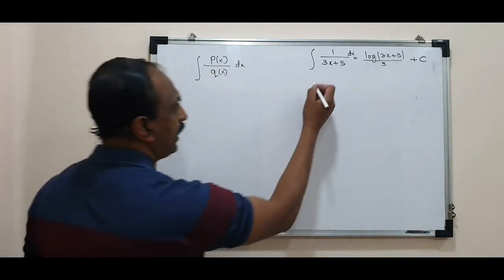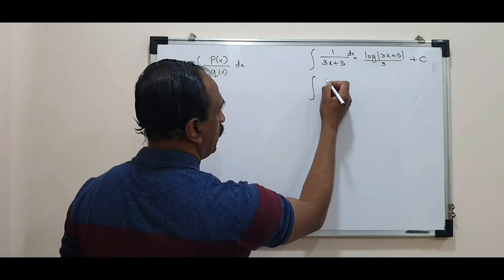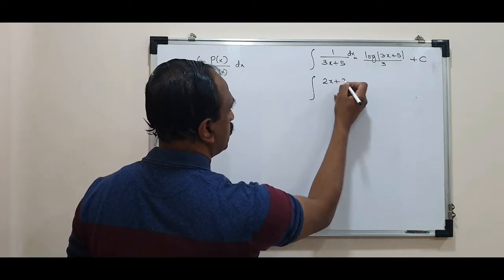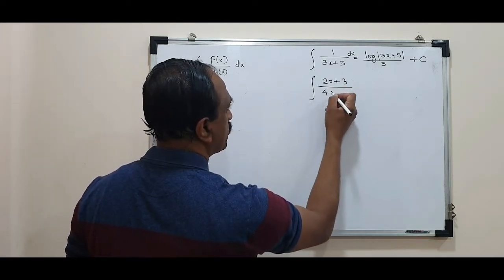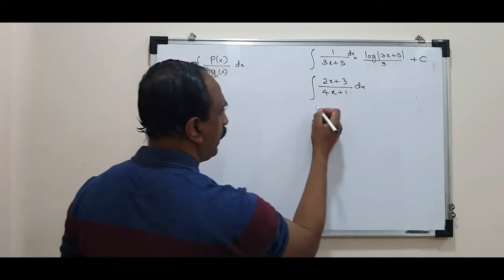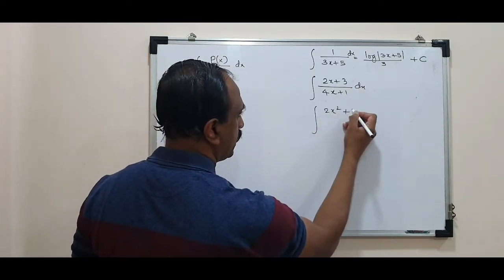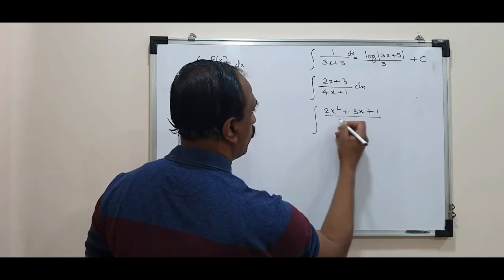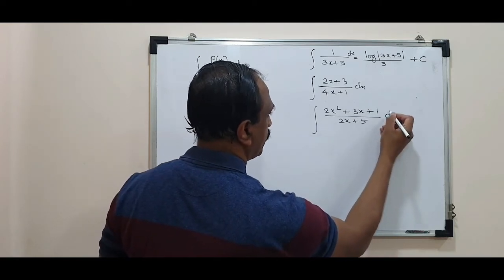But if you have an x term in the numerator, let's say we have 2x plus 3 upon 4x plus 1, or if we have 2x square plus 3x plus 1 upon 2x plus 5.